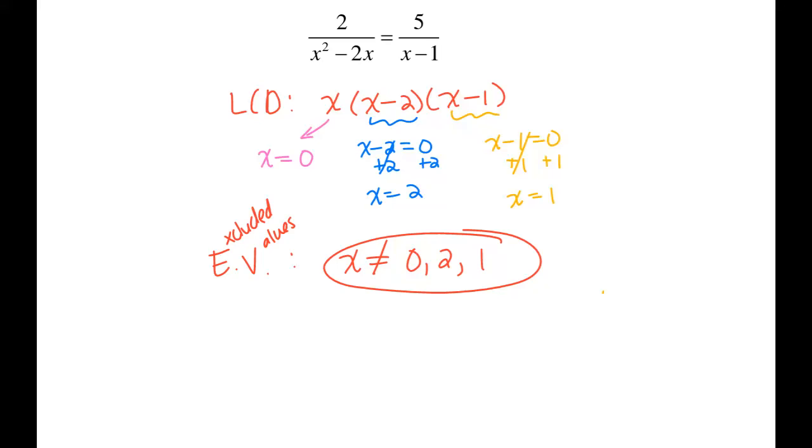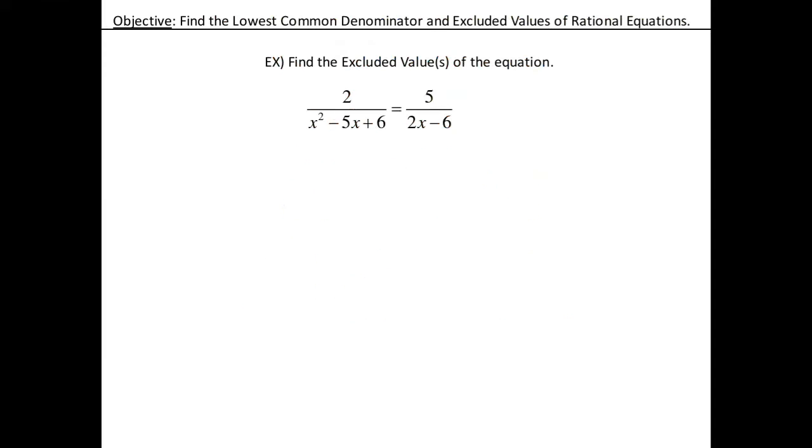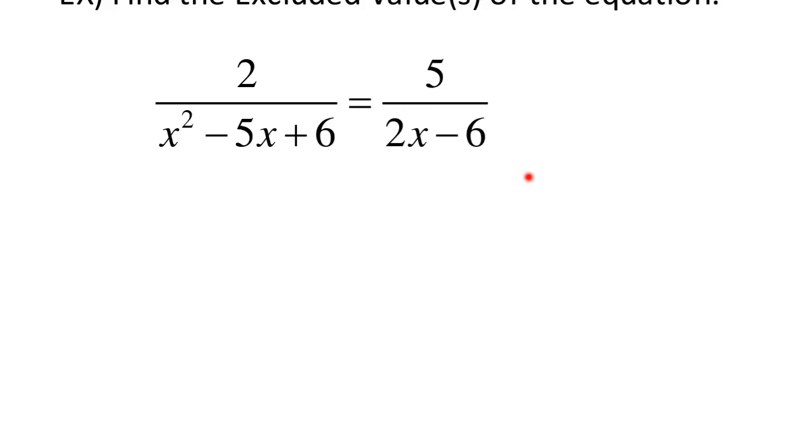All right, so let's go ahead and look at the next example. Okay, we already did this one. Go ahead and copy the fraction again, 5 over 2x minus 6. So we already did this one.